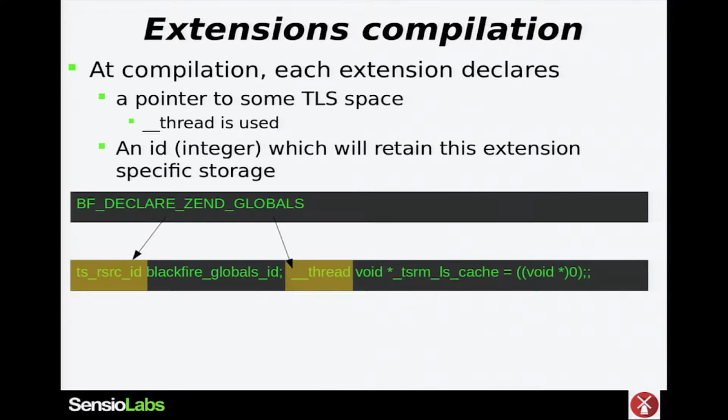And in that, you will have to browse the memory and get your specific memory area for your extension. And you will use the ID for that, because we're going to see a void star is just an array, okay? And the ID will be used to browse the array to get our specific globals. So this is how it works.